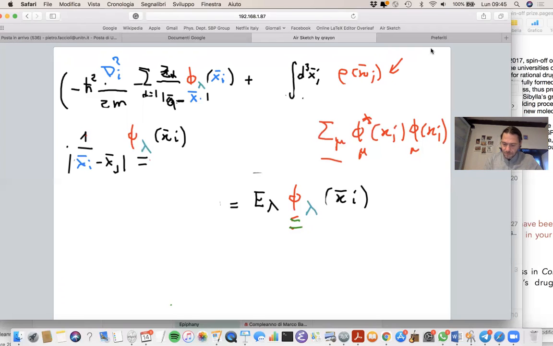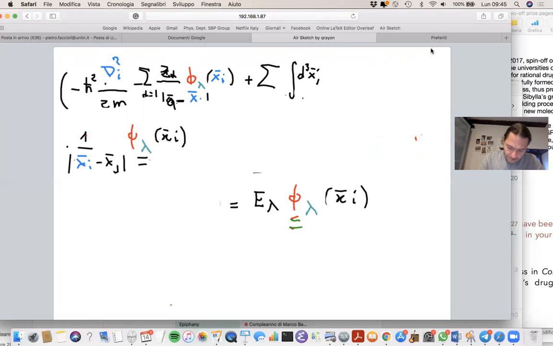Okay, so let me go back here and restore the summation over the position, the density at xj, but now let me tackle the problem in the equation that I described before.